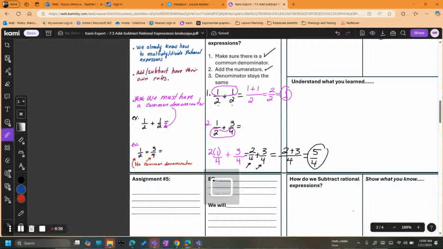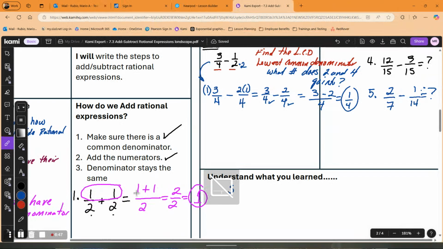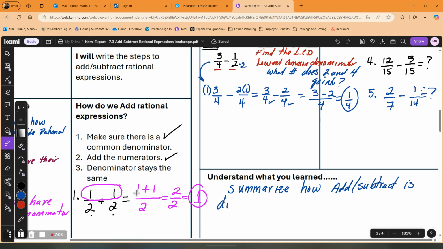And then for the understand what you have learned, what I want you to answer on this part is: summarize how add and subtract is different from multiply and divide rational expressions.